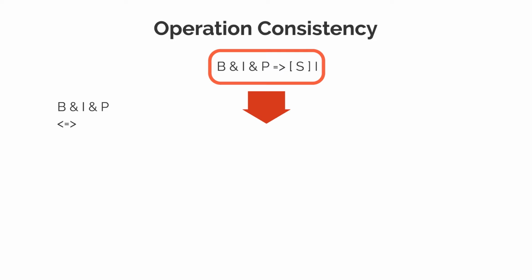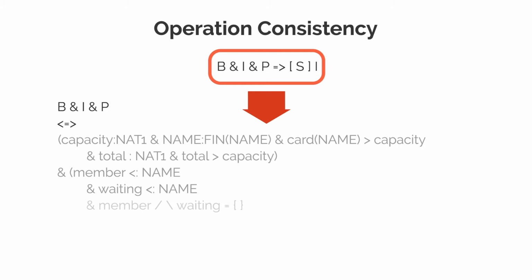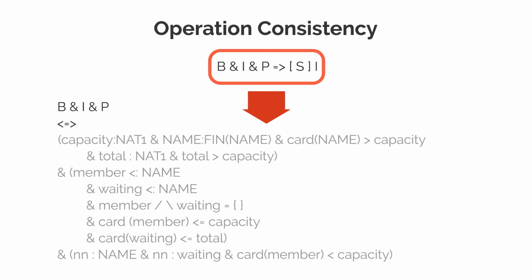In our example, for the join operation, we have that the properties, the invariant and the precondition form this big predicate here. Now we have to prove that this big predicate implies that the substitution of the join operation establishes the invariant.